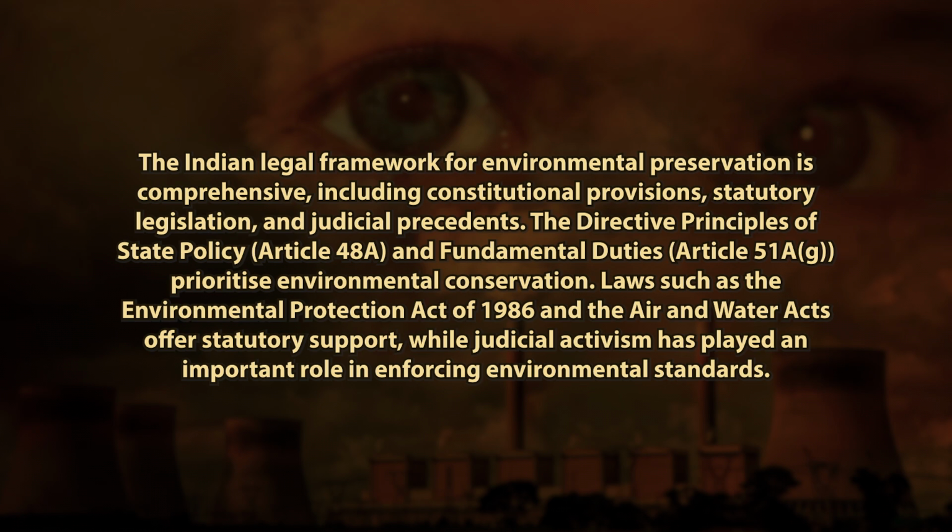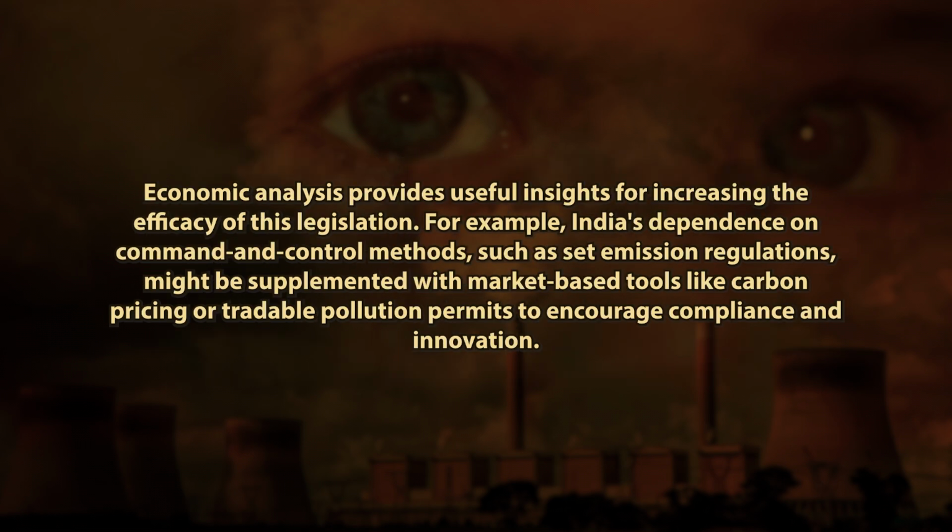The directive principle of state policy under Article 48A and fundamental duties under Article 51A(g) prioritize environmental conservation. Laws such as the Environmental Protection Act of 1986 and the Air and Water Acts offer statutory support, while judicial activism has played an important role in enforcing environmental standards.